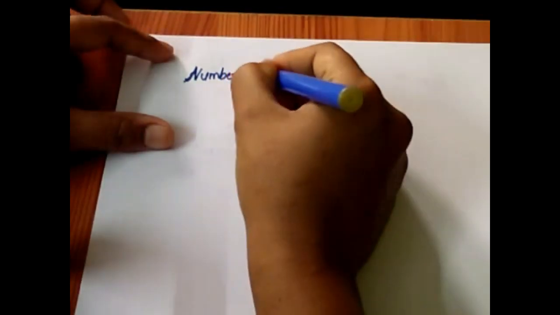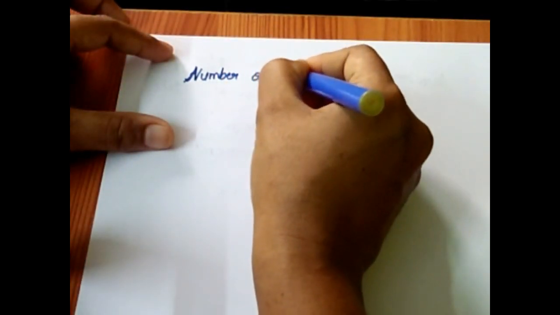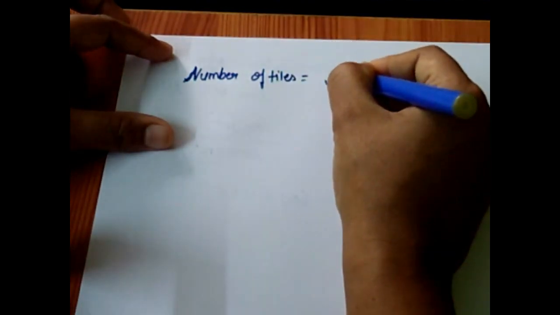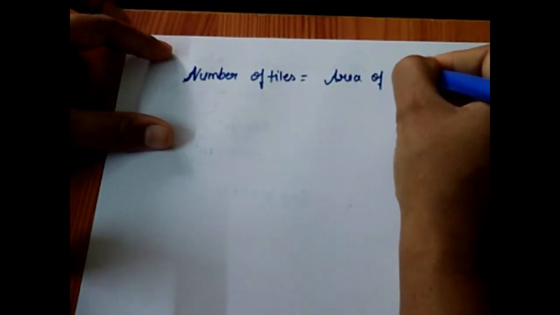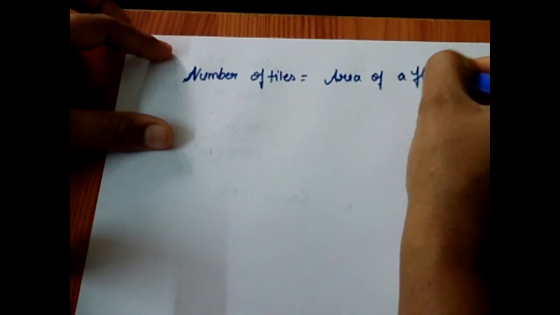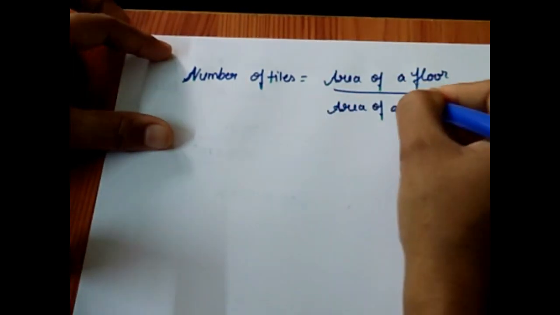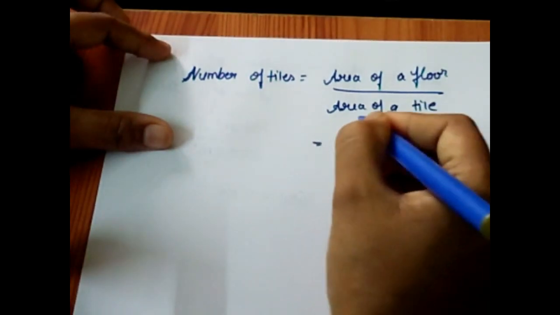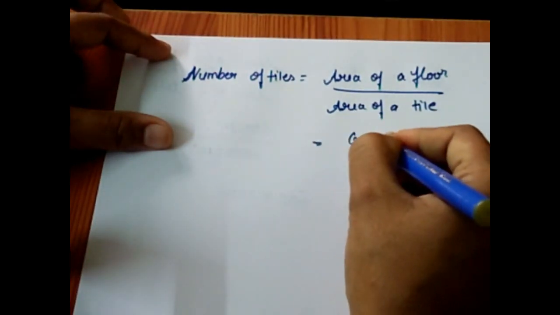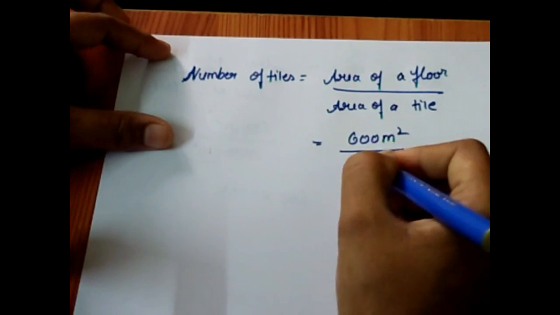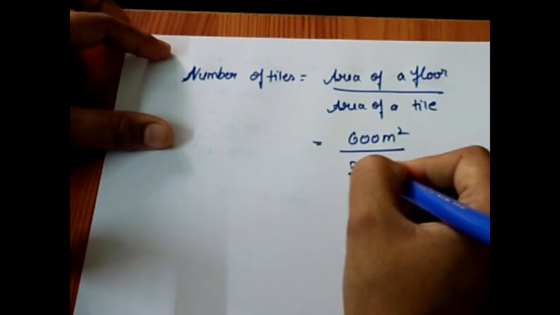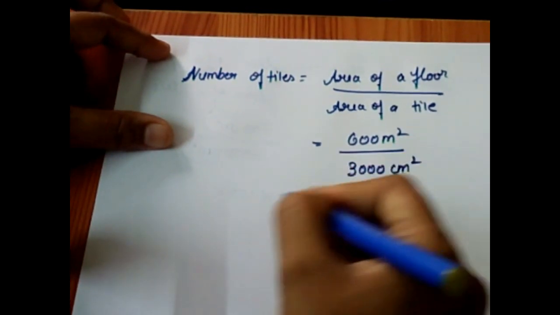So the number of tiles required is equal to area of a floor by area of a tile. Area of a floor is 600 square meter and area of a tile is 3000 square centimeter.